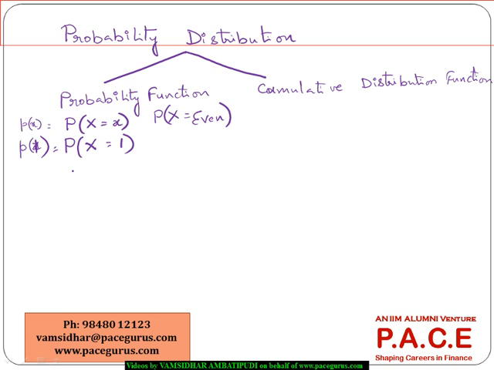But the same thing, when I take it in a continuous case, we don't use the word probability function, we use the word probability density function. That's the only difference. The naming is different when I use continuous, but when I'm using discrete, I'm calling it a probability function. And instead of p of x, for a probability density function we call it f of x.